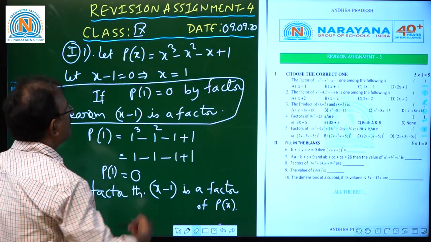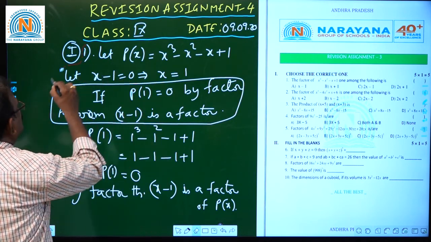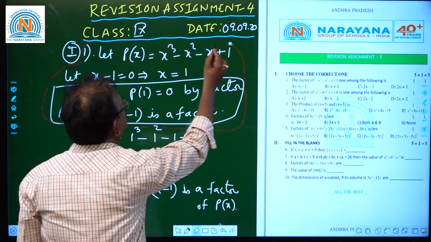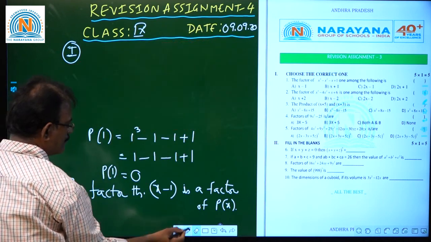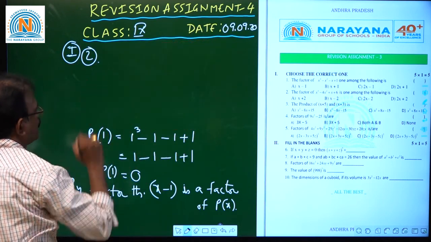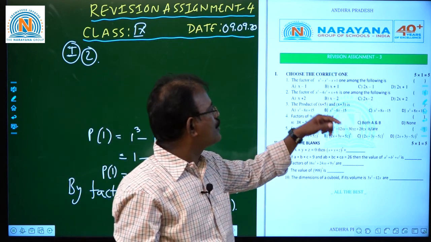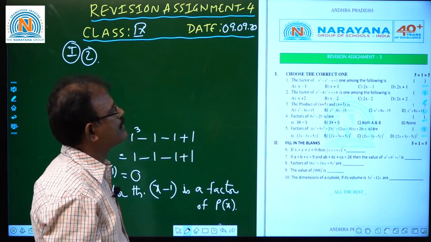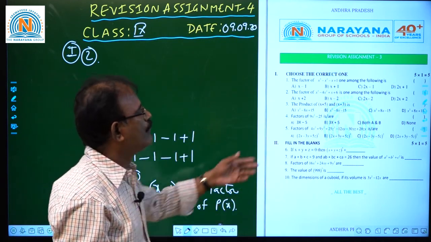Now our second question from the first Roman is: the factor of x cube minus 4x square plus x plus 6 is one among the following.